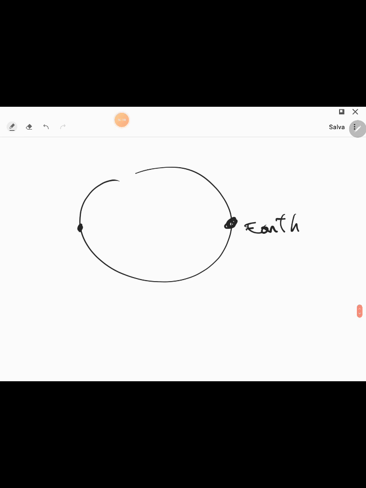Perihelio is the nearest point to the sun. Okay, so it's called perihelio.